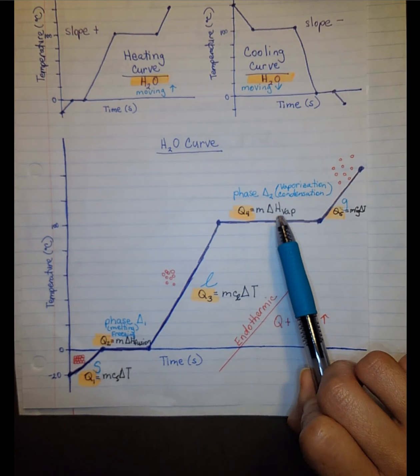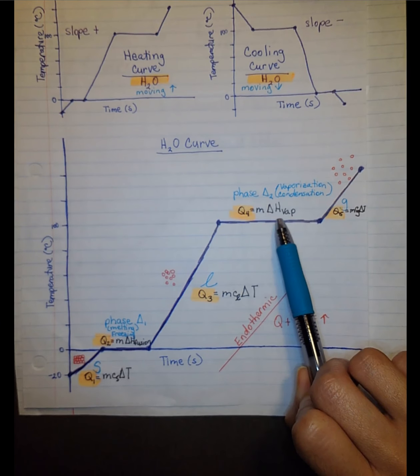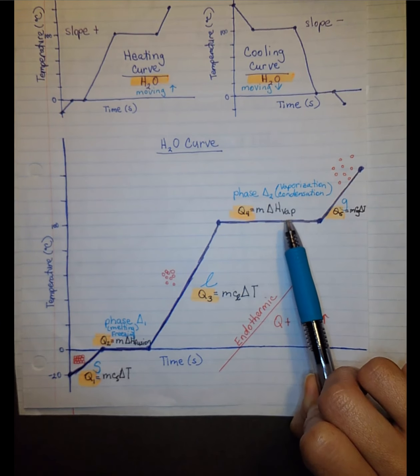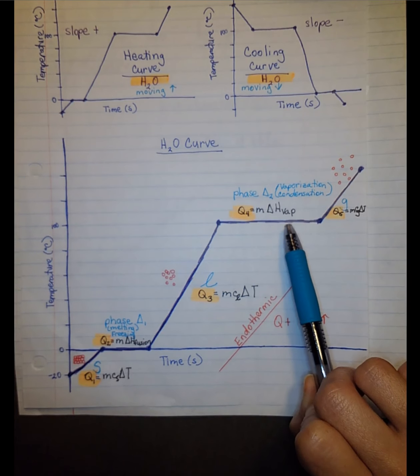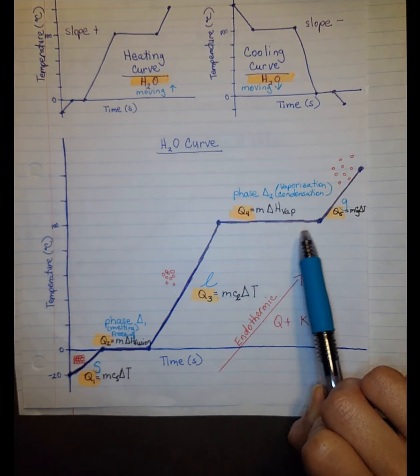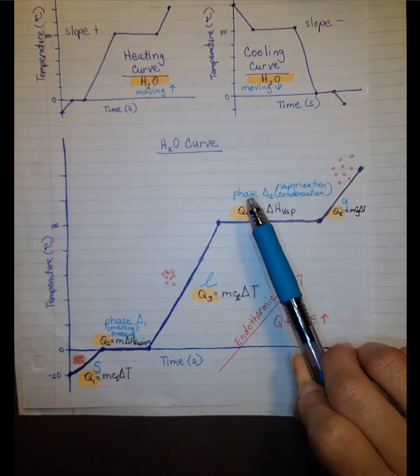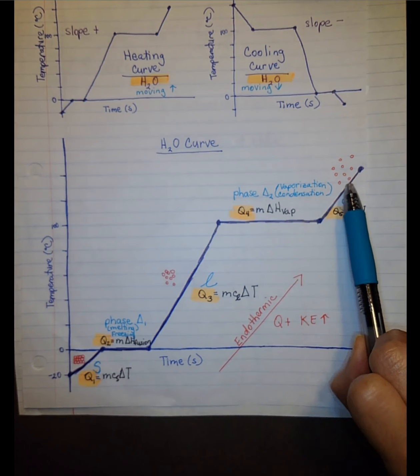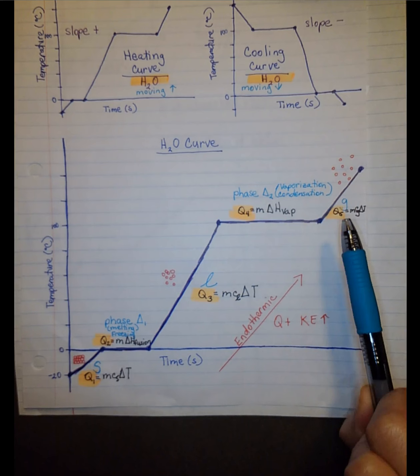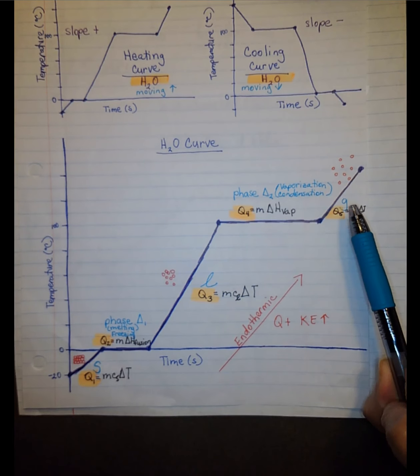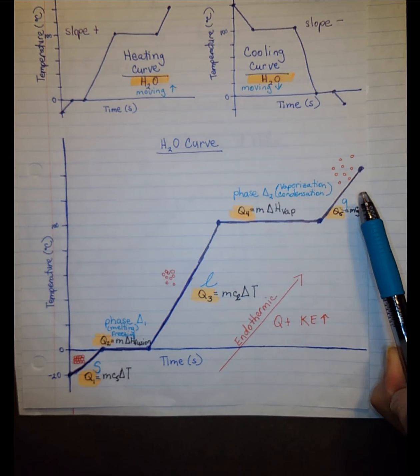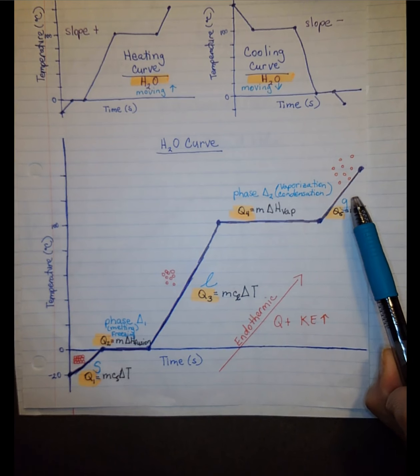So when we get to phase change 2, these molecules now need to have a lot more energy because it is a greater change in formation going from a liquid to a gas. Remember that gases are further spread out and the molecules are moving a lot faster.